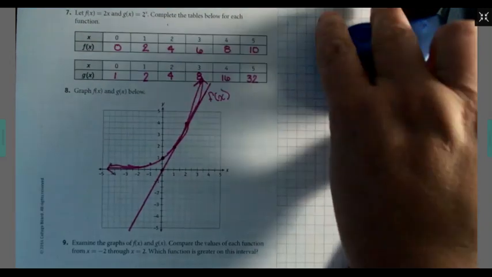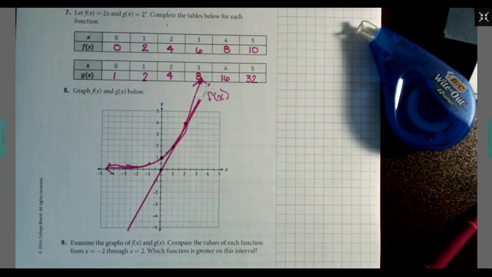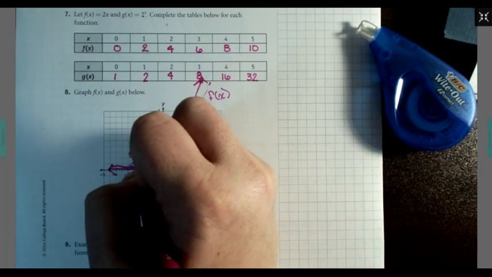Sorry, not the cleanest version there, but I apologize. Looks kind of like this. And this would be g of x.